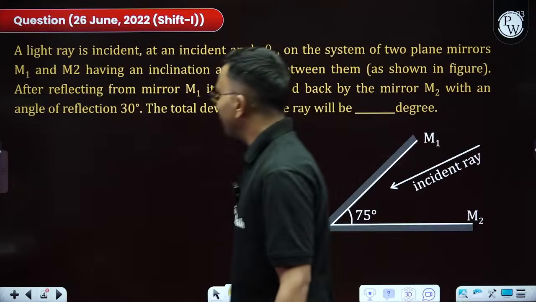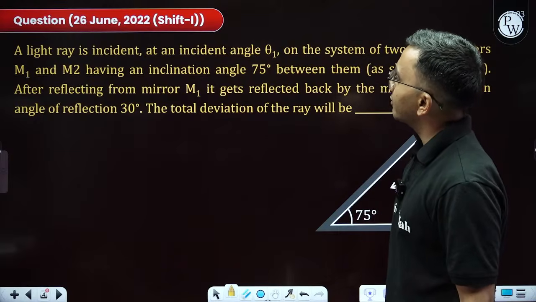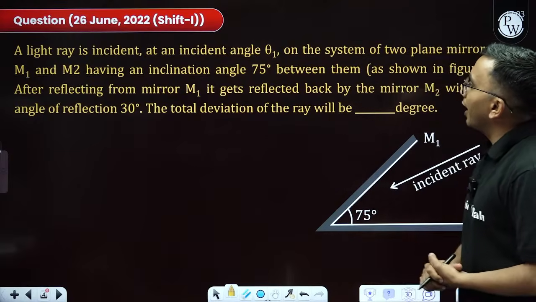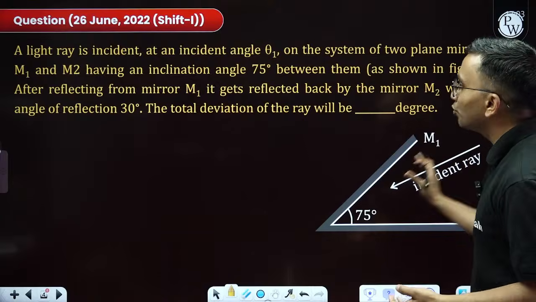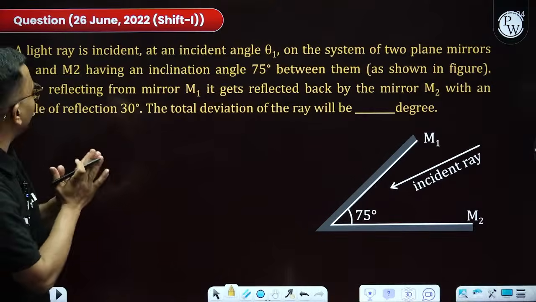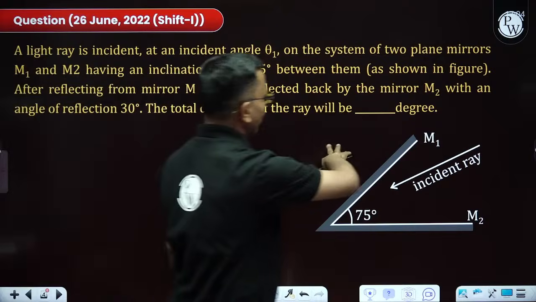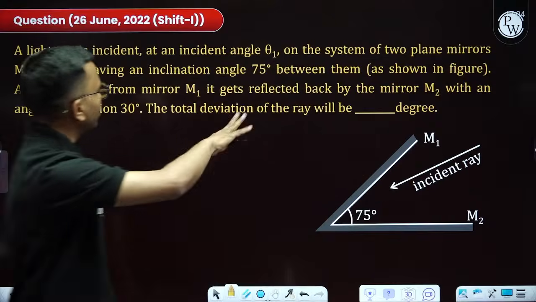Next question. A light ray is incident at an angle θ1 on a system of two plane mirrors. M1, M2 are the two plane mirrors inclined at an angle of 75 degree. After reflecting from mirror M1, it again reflects from M2. The total deviation is?